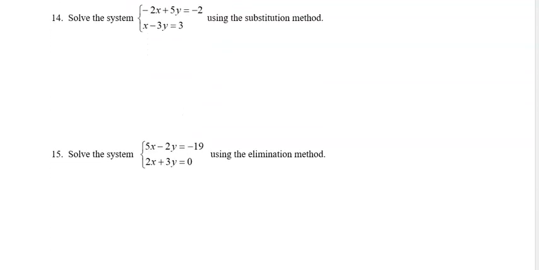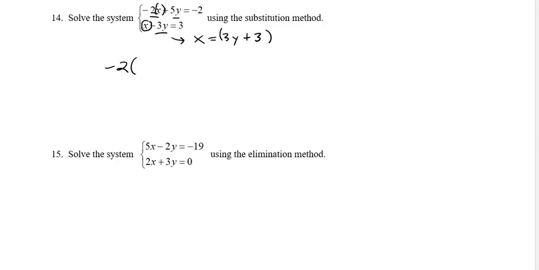The substitution method, of the 4 choices that I have, this is the best choice. You always want to go after the variable that just has a 1 in front of it. Solve for that variable. So I'm going to solve for x on the bottom. And then I'm going to replace the x on the top with this.